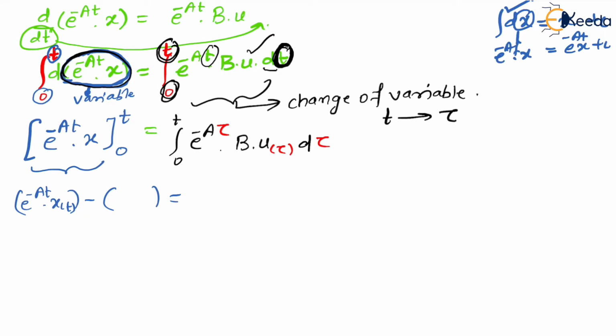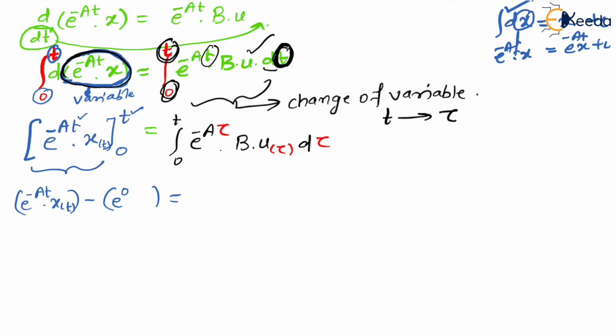This is nothing but x of t only, right? Minus, it is going to be e to the power 0. Why? In place of t I am going to put 0. Now next is what?